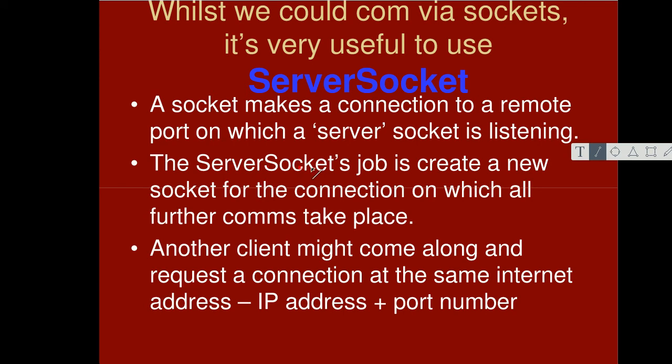The server socket's job is to create a new socket for the connection on which all further communications can take place. And whilst I'm communicating with you, another person or another client might come along and request a connection at the same internet address, in other words, IP address and port number.